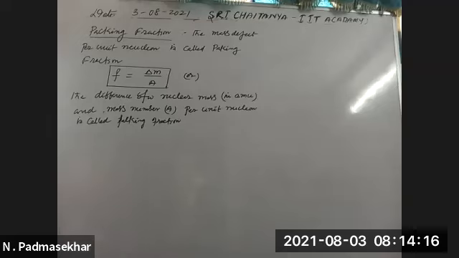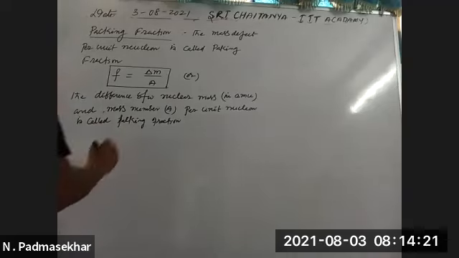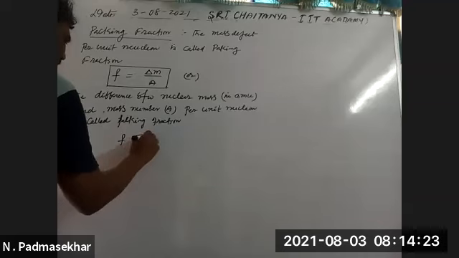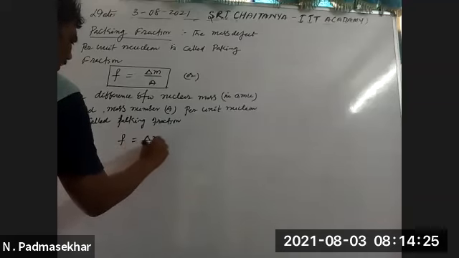That is called packing fraction. So packing fraction is equal to delta M by A.